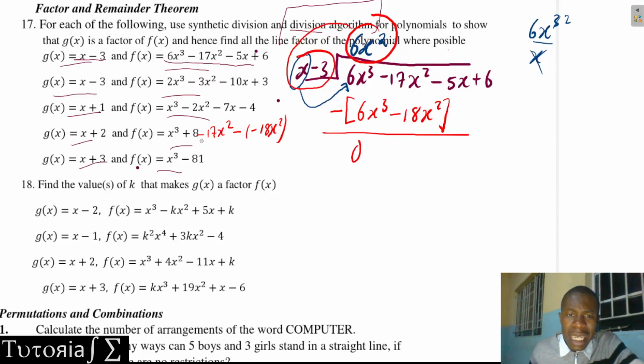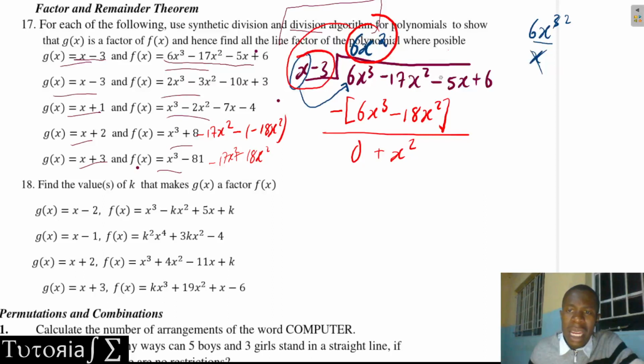That is negative 17x squared plus 18x squared, which gives us positive x to the power 2.